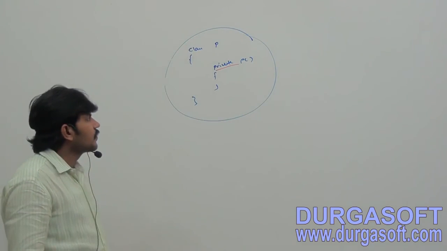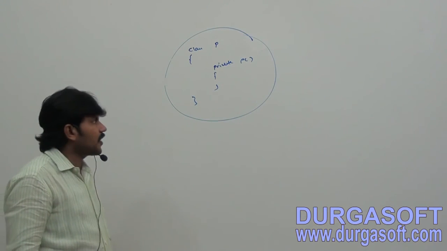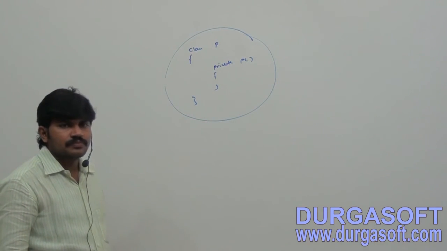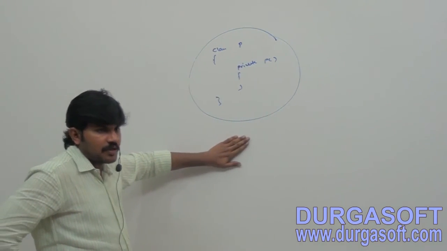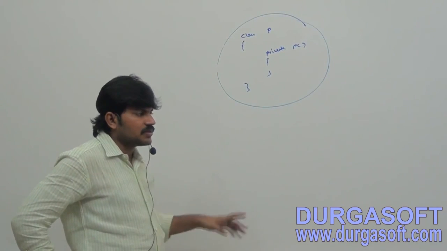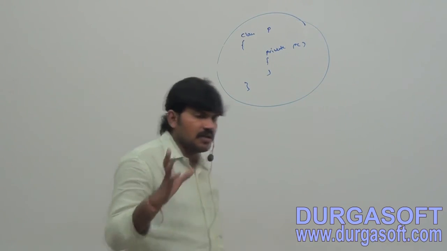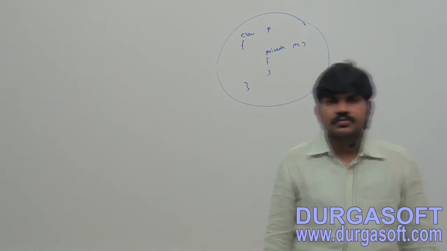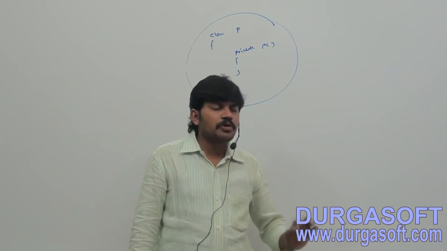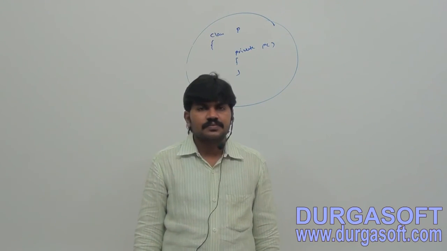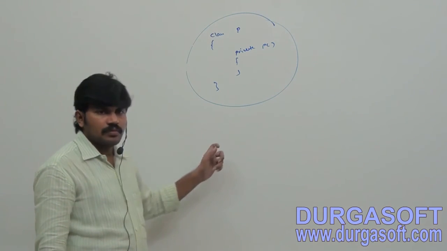Take this example: class P with a private constructor P. For the above class, it is impossible to create a child class. Are you able to understand?